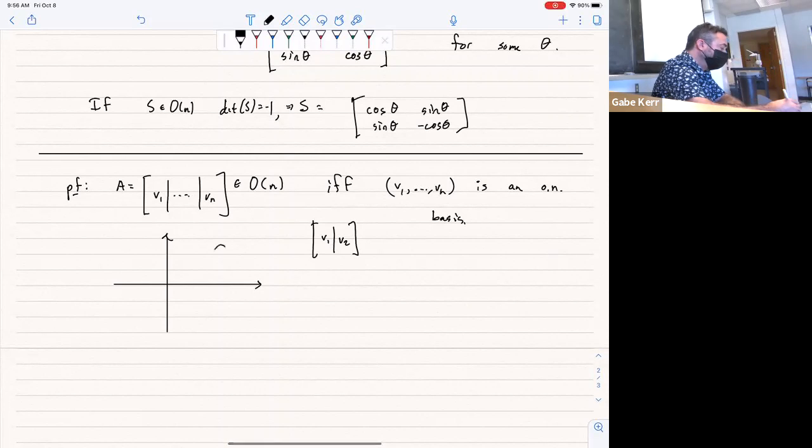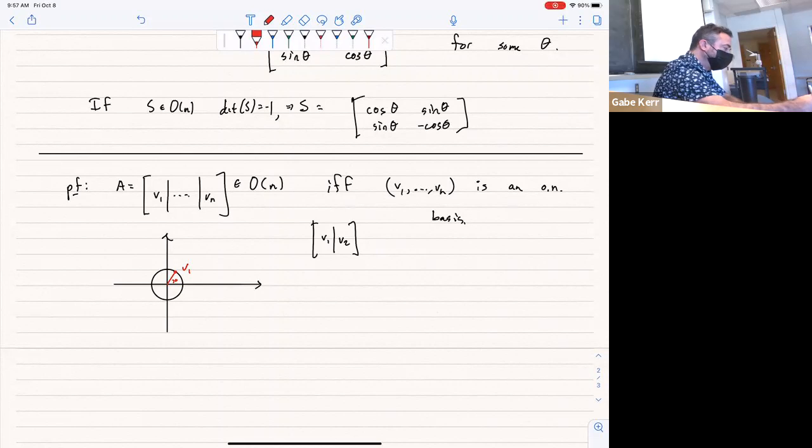So just take our unit circle. And to get a v_1, we just need to choose something on the unit circle. So do so. Choose something. This is going to be our v_1. Of course, we have a parametrization of the unit circle with cosine, sine.